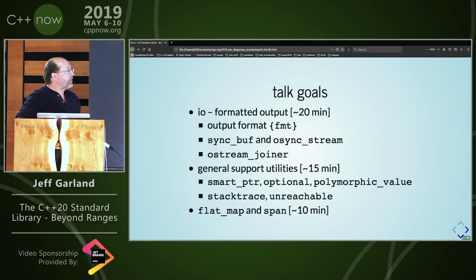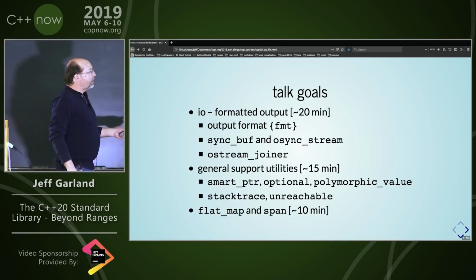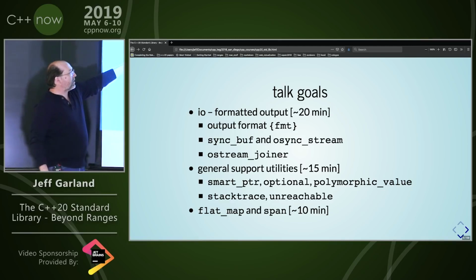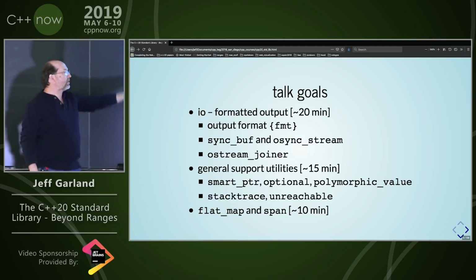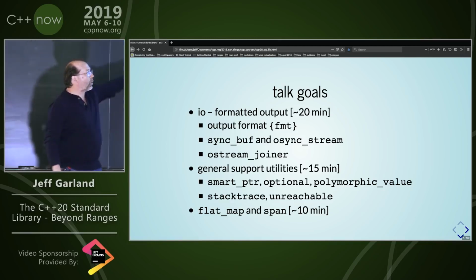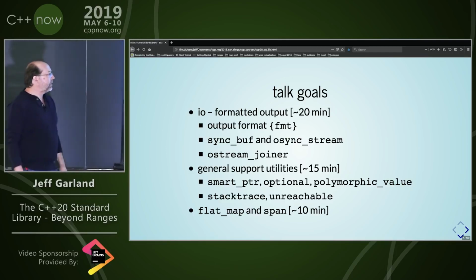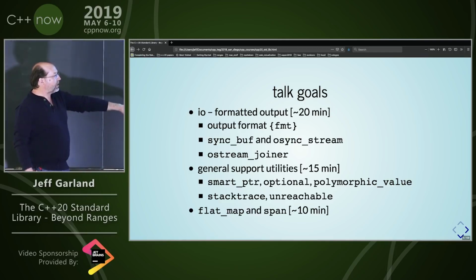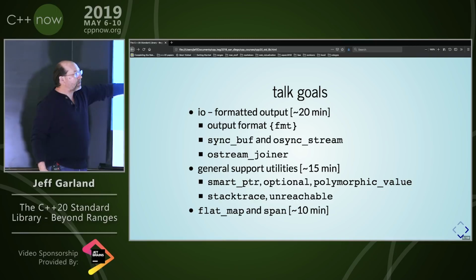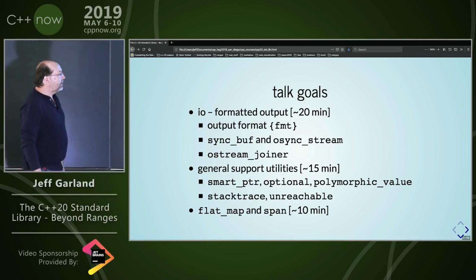Here's the list of goals. There's a bunch of stuff on I/O. New facilities there. FMT format is the big one. We'll probably spend more time on that library than anyone else. General support utilities, there's a whole list of smaller and medium-sized things in here.